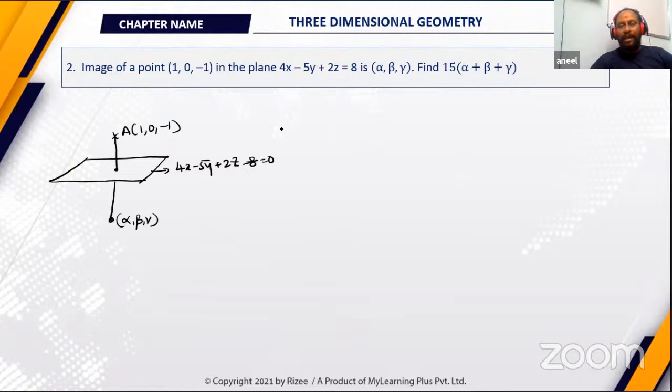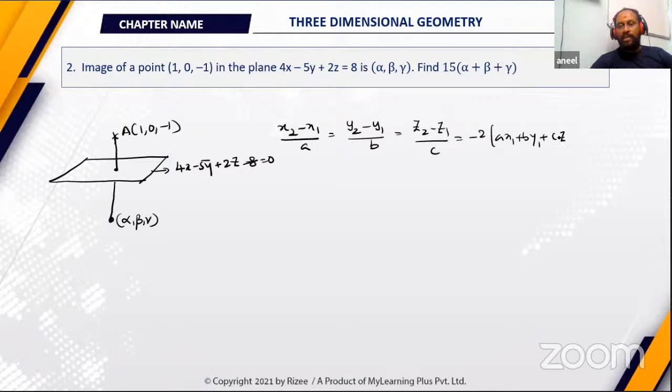It's a plane, hence we can apply straight away the formula: x2 minus x1 by A is y2 minus y1 by B is z2 minus z1 by C is equal to minus 2 of ax1 plus by1 plus cz1 plus d by a square plus b square plus c square.